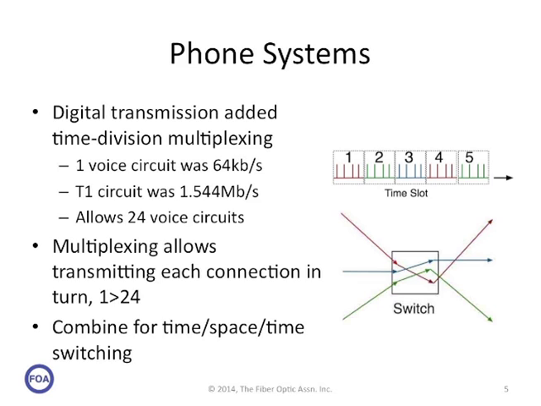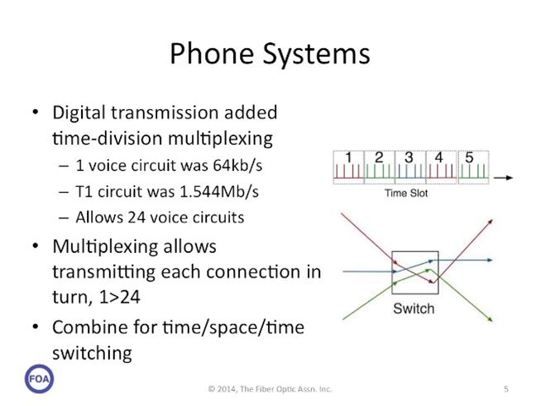So each connected phone conversation was assigned a time slot on the backbone circuit. And so the transmission would be time slots 1 through 24, and then repeat 1 through 24, and repeat 1 through 24.